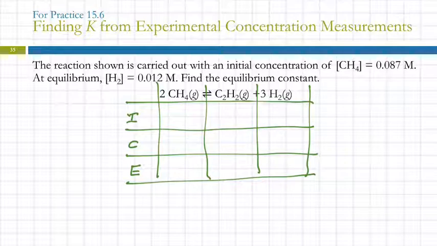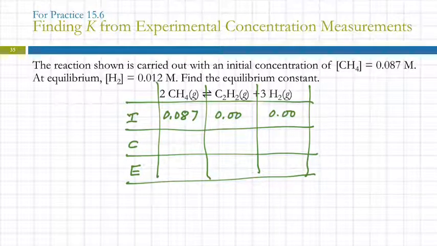The initial concentration of the methane was 0.087. What about the other ones? 0. Those are products, and it's not mentioned, so we can assume that those are 0.